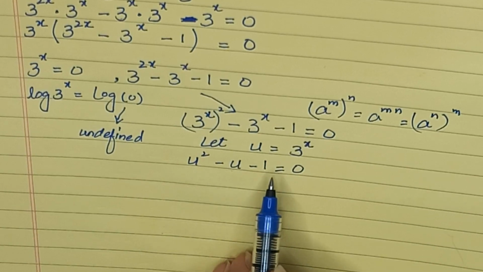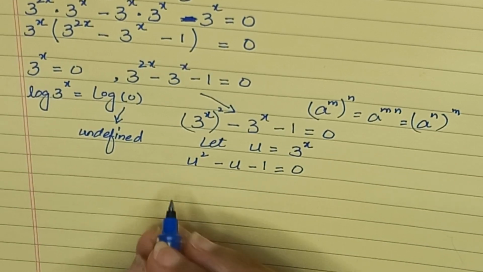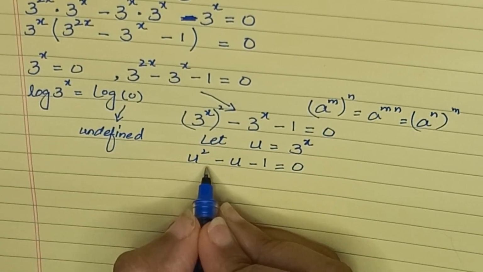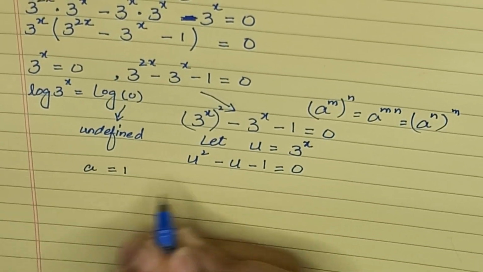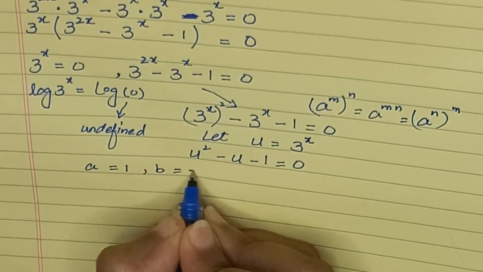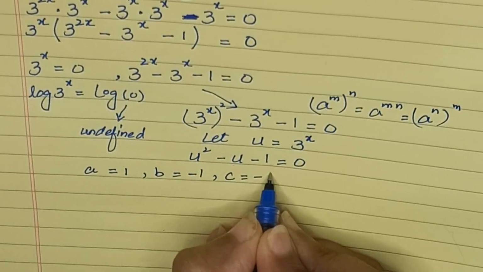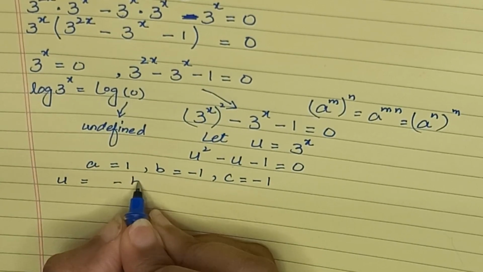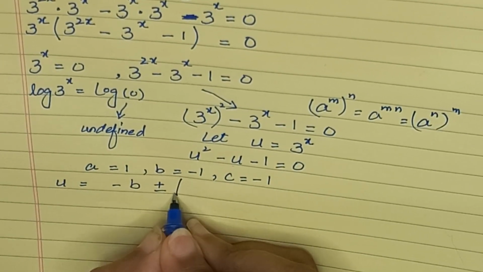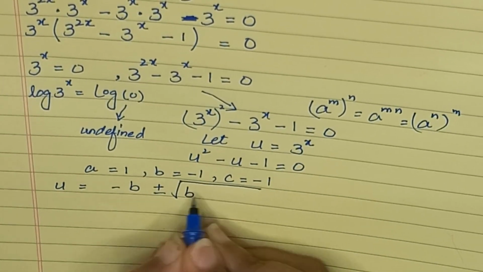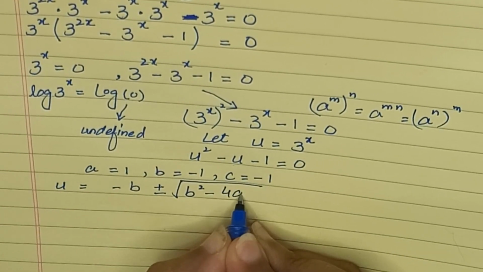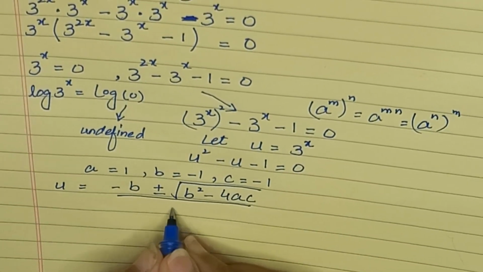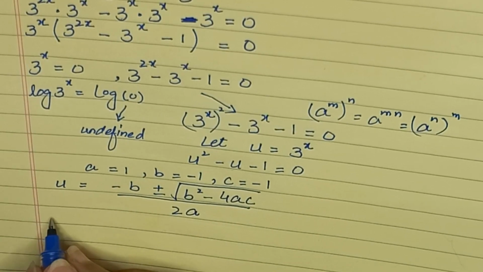So it is a quadratic equation, so we will apply the quadratic formula. Here a is equal to 1, b is equal to minus 1 and c is also equal to minus 1, and the quadratic formula is u is equal to minus b plus minus square root of b squared minus 4ac, divided by 2a.